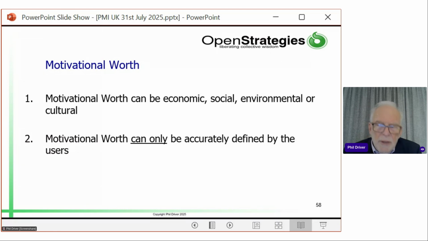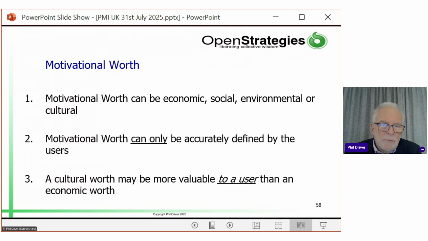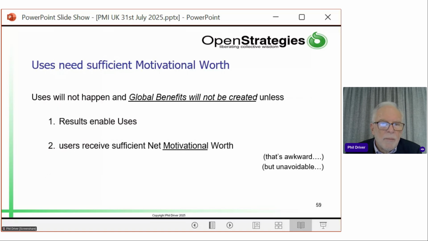Now, you can't put an economic value on that. That is simply a worth, a value to Indigenous people. So the idea of always working out worth as economics really misses the point for a lot of end users. Cultural worth may mean more to an end user than anything economic or environmental or social.